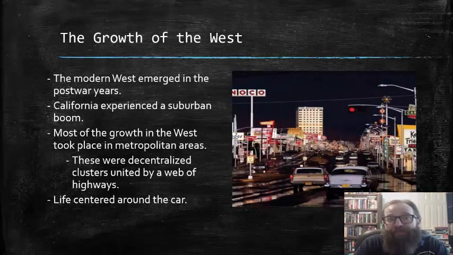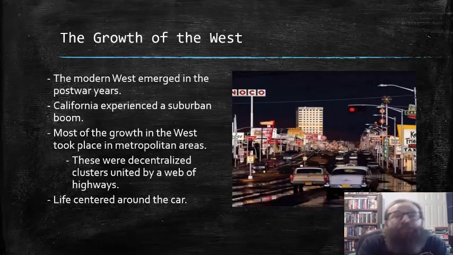The western United States in particular experienced a huge surge in population, industrialization, and commercialization in the post-war years, leading to the emergence of the more modern West that we would recognize today. This phenomenon was particularly pronounced in California, which experienced a huge suburban boom in the 1950s.